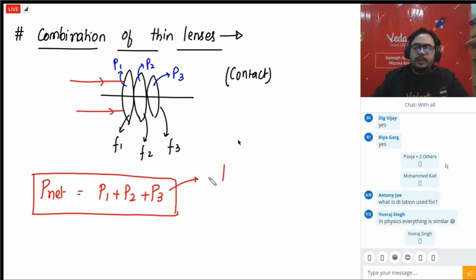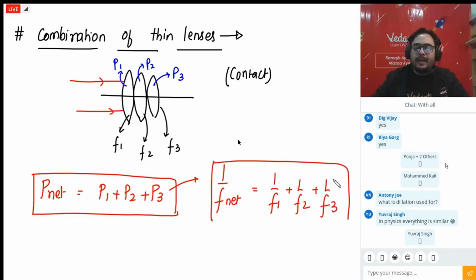Just put the values: 1 by f net will become 1 by f1 plus 1 by f2 plus 1 by f3. This is the formula that we use to calculate the effective focal length of lenses in contact. Okay. Any doubts in this?